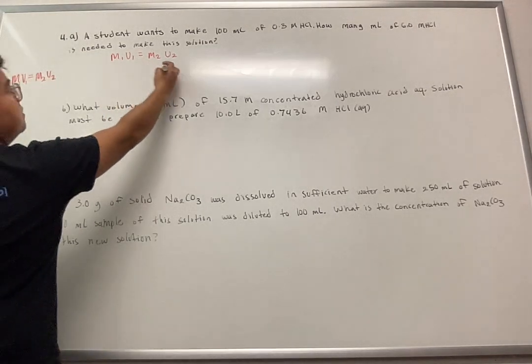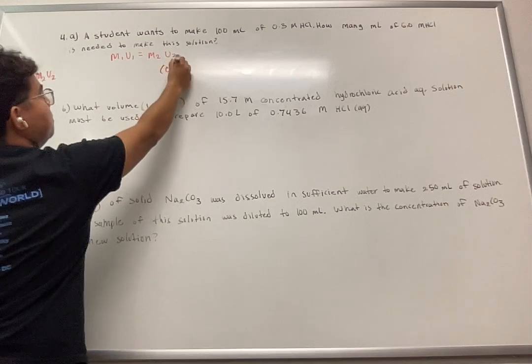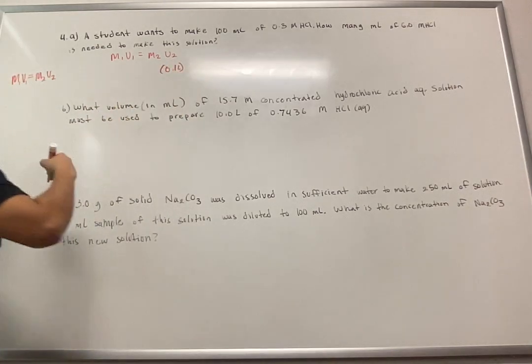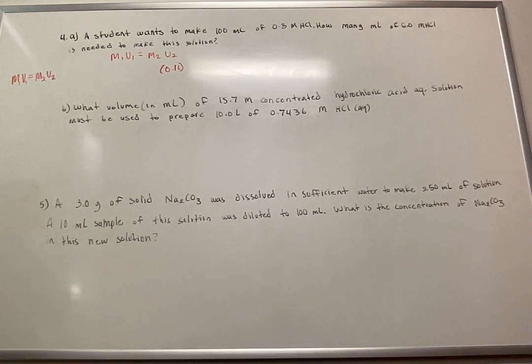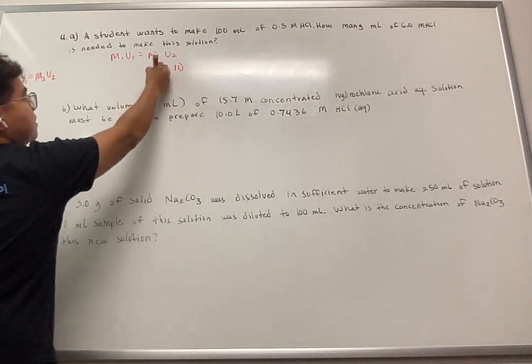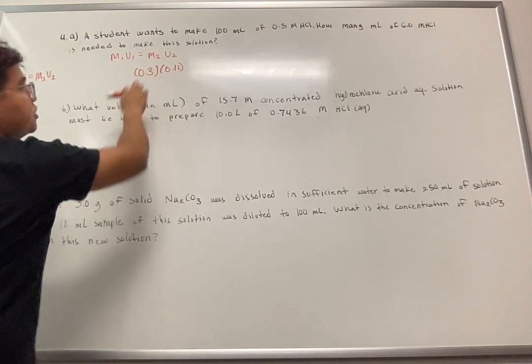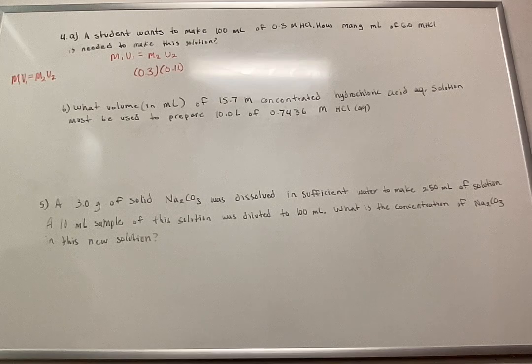So this is 0.1 liters of 0.3 molar HCl. That means I have 0.3, the concentration of the new solution. That's the one he wants.